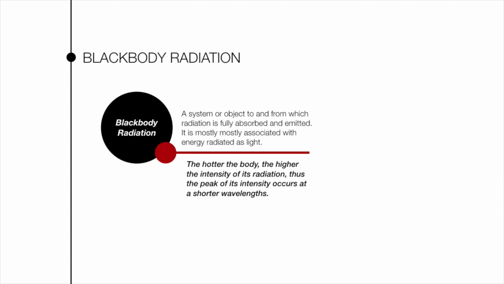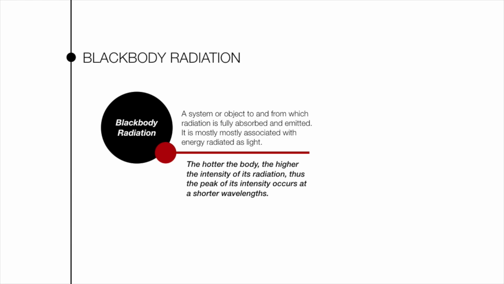The hotter the body, the higher the intensity of its radiation, thus the peak of its intensity occurs at a shorter wavelength. Generally speaking, blackbody radiation helps you visualize how objects at given temperatures occur in different wavelengths, hence distributing different electromagnetic spectrums. Planck modeled different spectral distributions through electron oscillation.